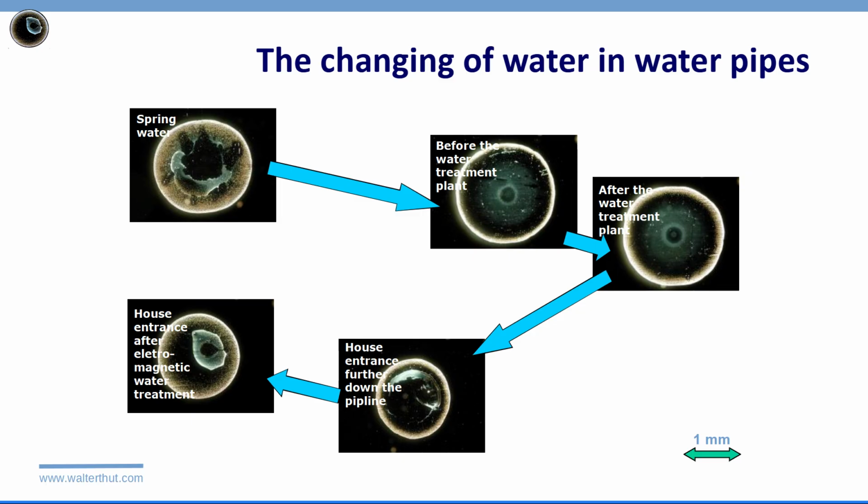The first image there, you also know from the movie, it is the spring water, how it looked originally. Already then, when this spring water has been carried through the pipes several kilometers until the water treatment plant, it started depositing the minerals immediately at the borders. It didn't have this energy anymore to carry the minerals.